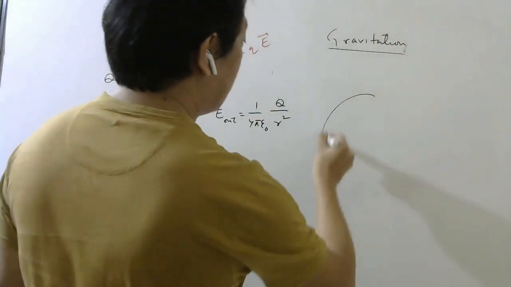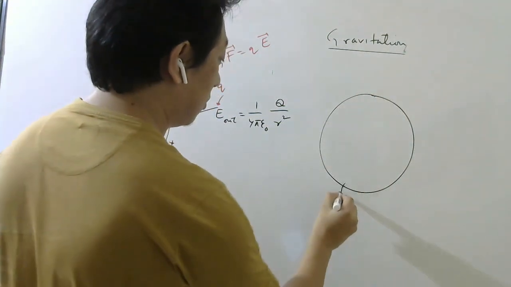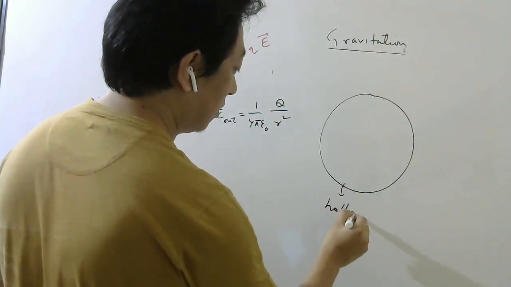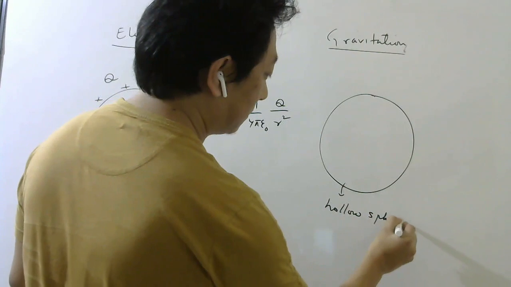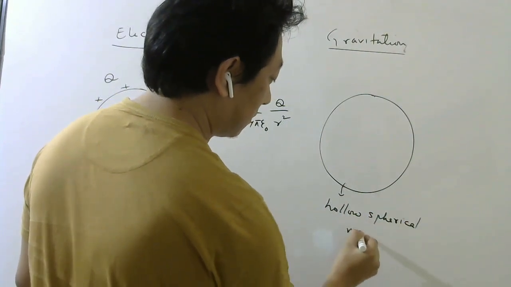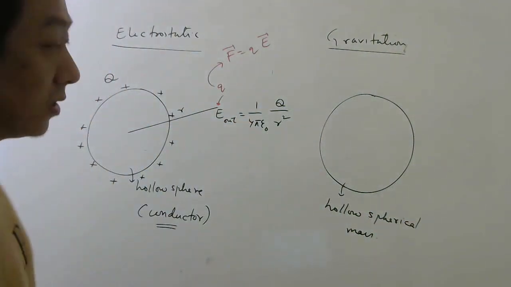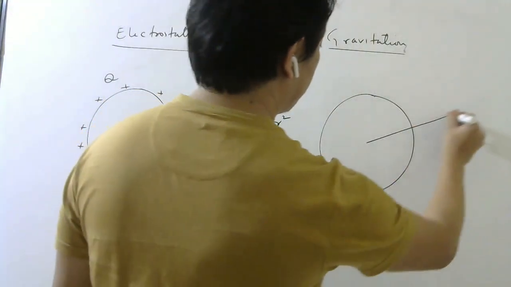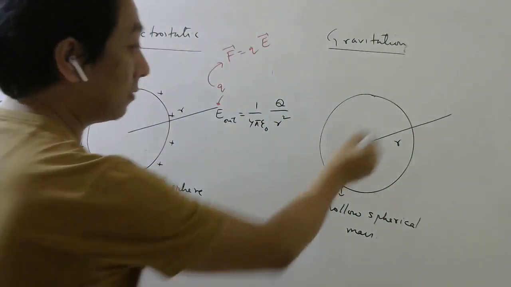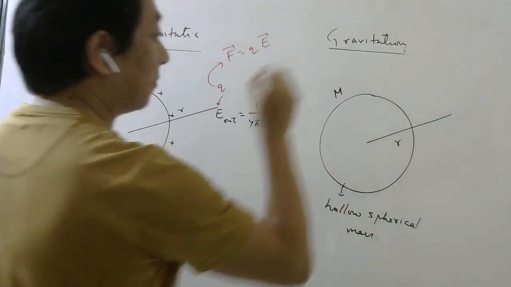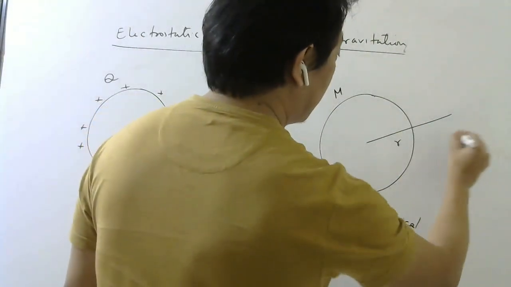Similarly, if you have a hollow spherical mass, then at a point outside, if the mass of this hollow sphere is capital M, what will be the gravitational field?